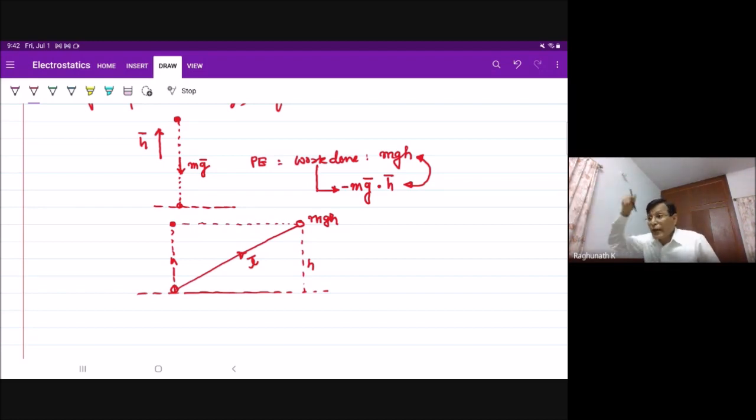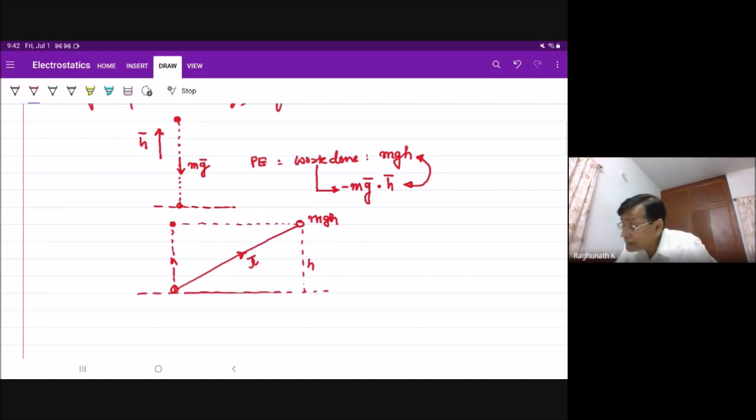Because if there is an object above the Earth's surface at a height of h units, I will immediately tell. I will not ask the previous story at all. How did it come here? We will not ask whether it came from up or down. If it is there at a height h, we will say it has the potential energy mgh.